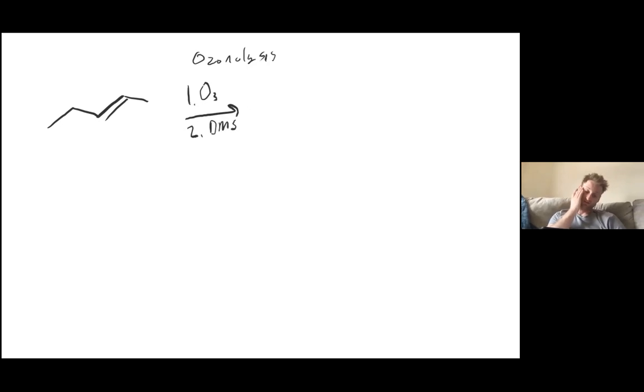What this is going to do is cleave our bond down the middle here, and we're going to end up oxidizing both ends to carbonyls. Sometimes ketones, sometimes aldehydes. In this case, these are both aldehydes.